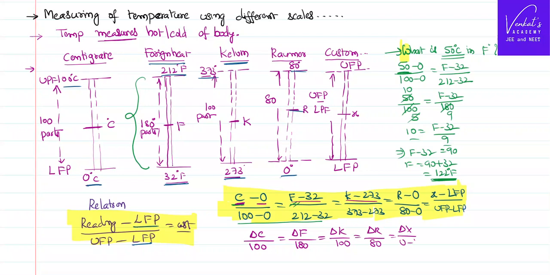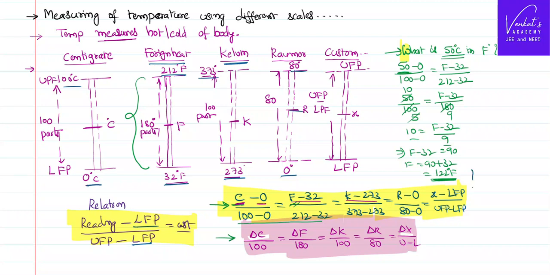Delta X by upper fixing point minus lower fixing point. So to find a specific temperature, we use this relation. To find a difference in temperature, we use the second relation. Do you understand what's the meaning of that? I will show you what the meaning of that is, right?